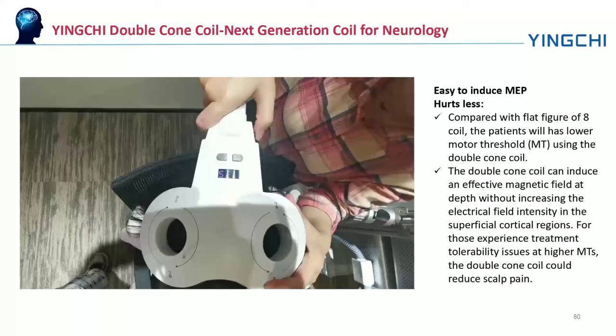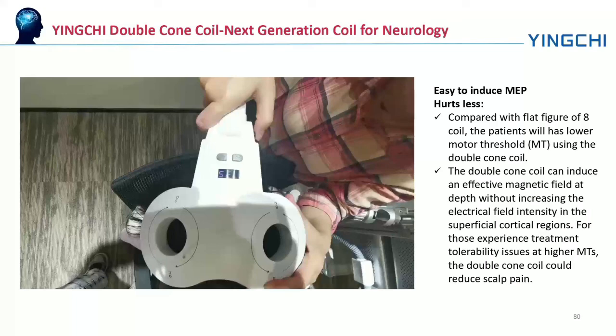We have mentioned before that the double cone coil also easily induces the motor evoked potential, and it can hurt less because, compared with the flat figure-of-8 coil, patients have a lower motor threshold using the double cone coil. It can induce an effective magnetic field at depth without increasing the electrical field intensity in the superficial cortical regions.